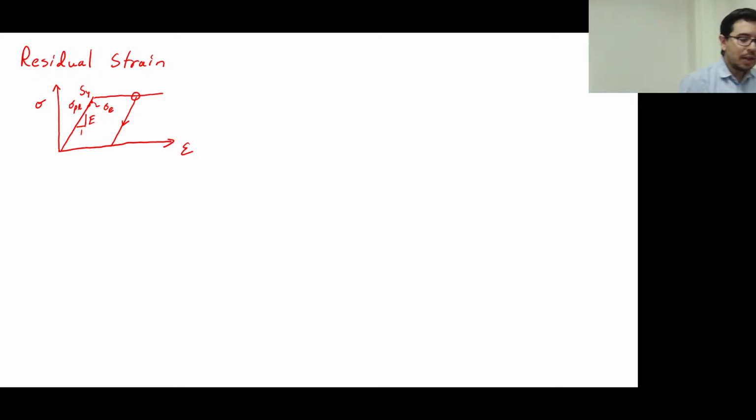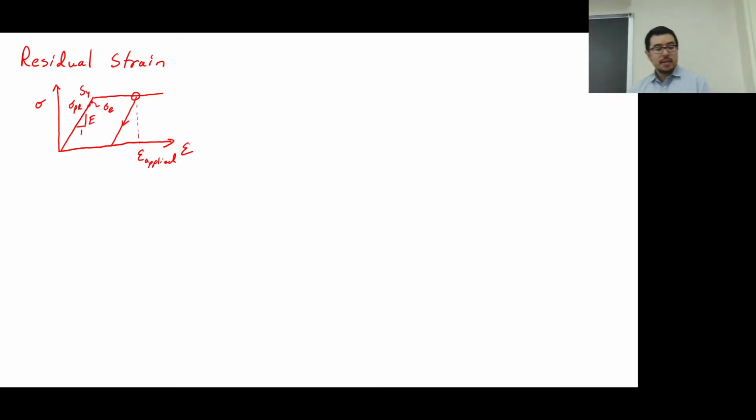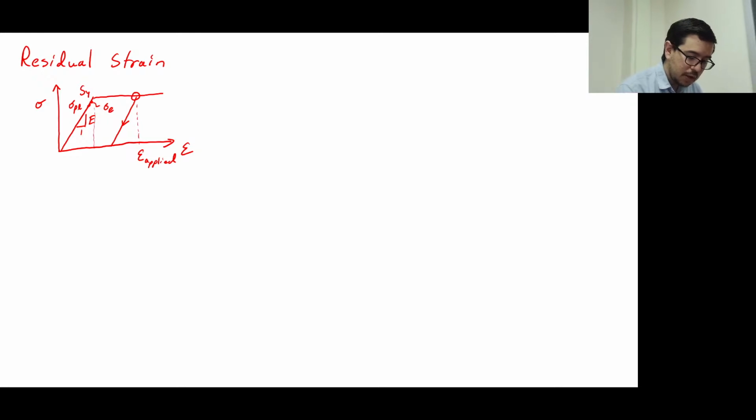All right, so there are a few things here. Let's say that you got out to this point. We'll call this epsilon applied. And since this is the yield strength, we'll call this epsilon y, the yield strain.